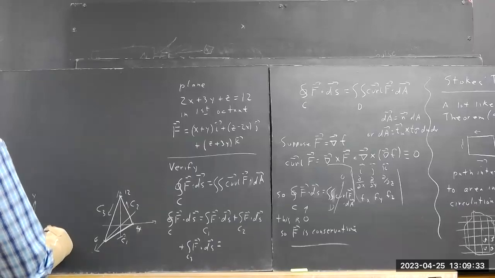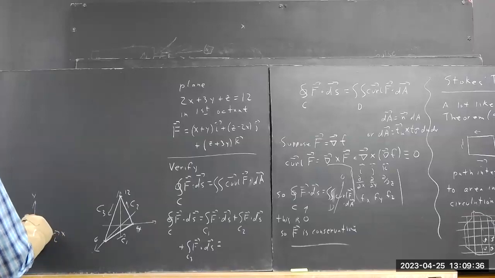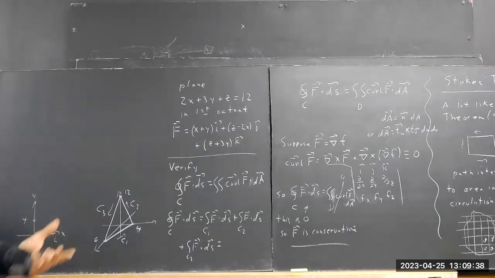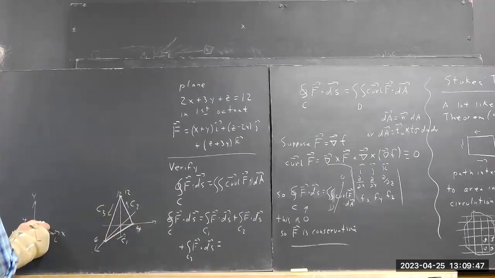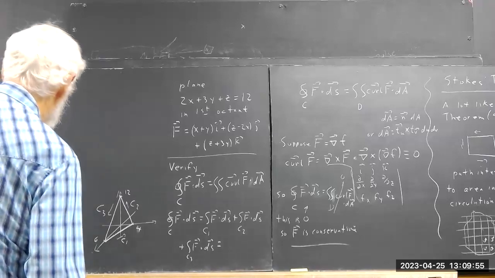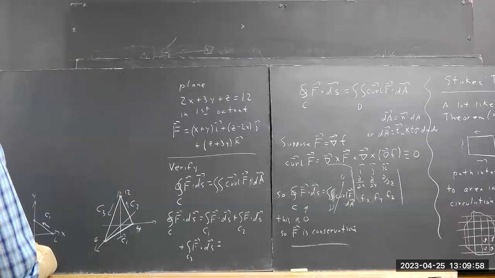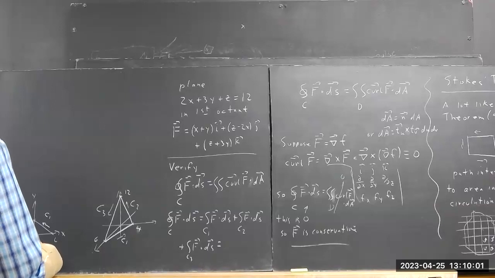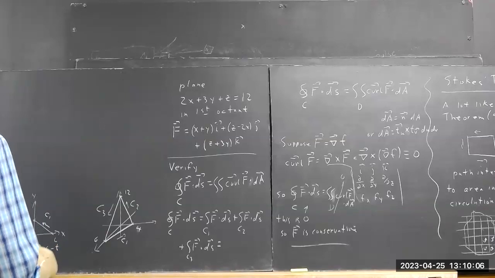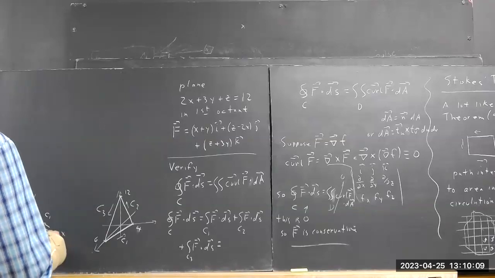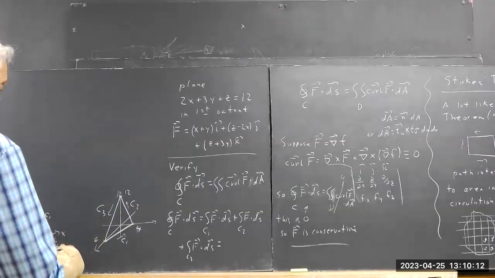Well, we have 6 here, 4 here. I can shift all the coordinates. So here's the path. And if the path is going in this direction, right there is the path C1. Now, x equals 6 minus t, because we're going in the negative direction.